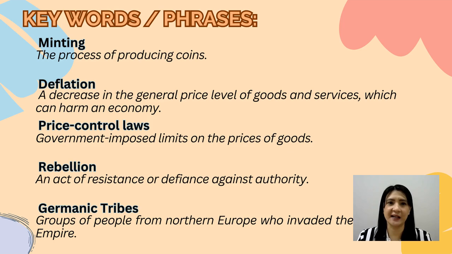For our key phrase, we have the price control laws. These laws are government-imposed limits on the prices of goods. For example, price control laws set prices too low, which harmed merchants and tradespeople.